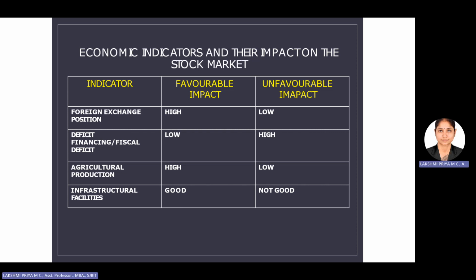This will lead to the optimization of the investors' investment. Retail investors, big and small, are enthusiastic about market and they are willing to invest. The market will reach a new high.